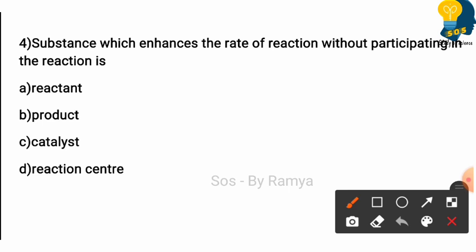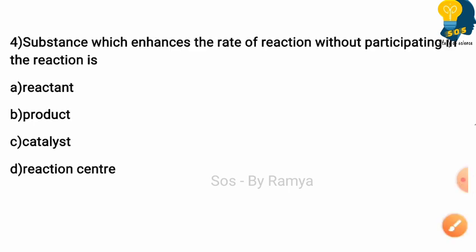The next question is a substance which enhances the rate of reaction without participating in the reaction is called. And the options are option A reactant, option B product, option C catalyst, option D reaction center. You all know what is meant by reactants.